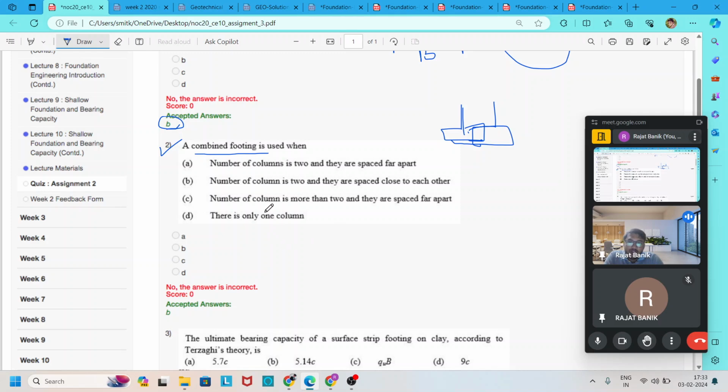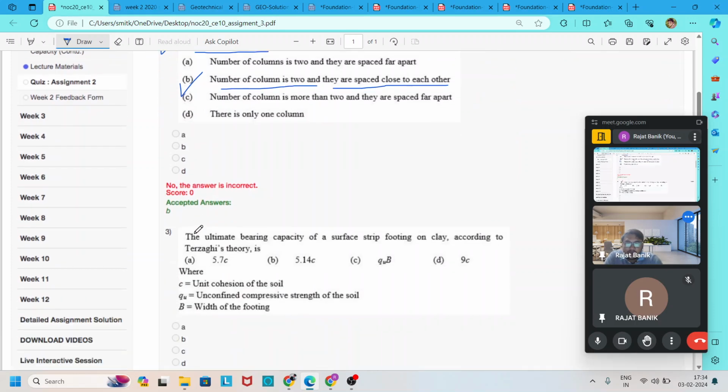Here we need to check which option goes with our combined footing. Option B tells that the number of columns is 2, which is correct, and they are placed close to each other, which is also correct. So our correct option is option B.